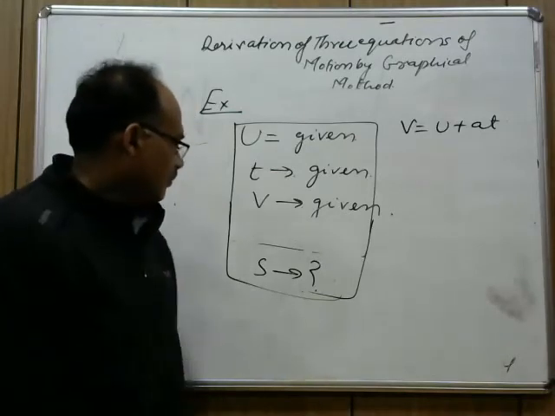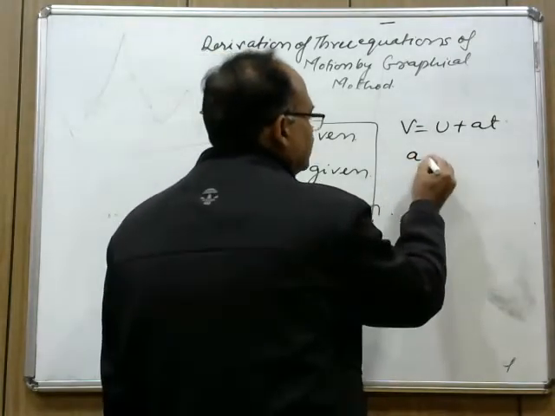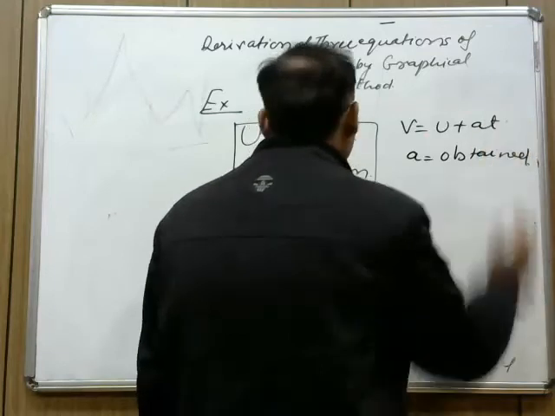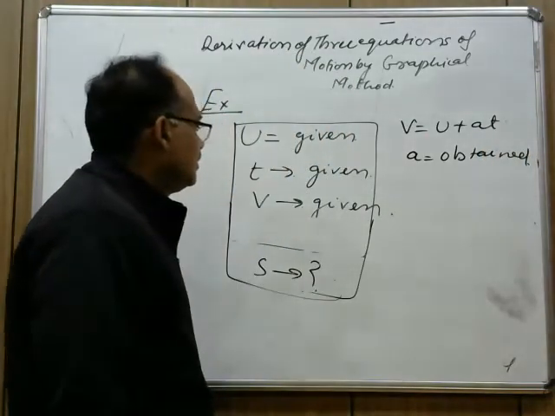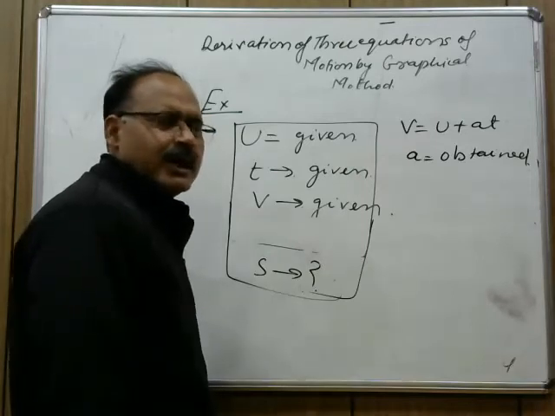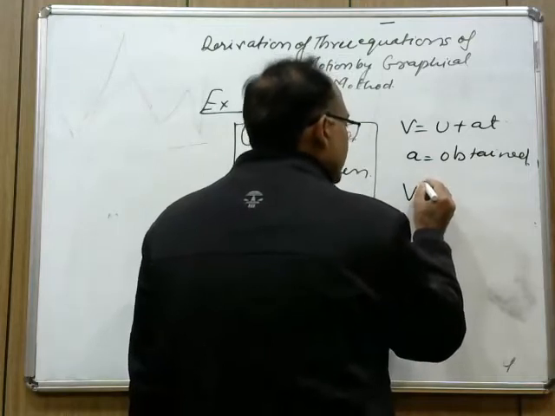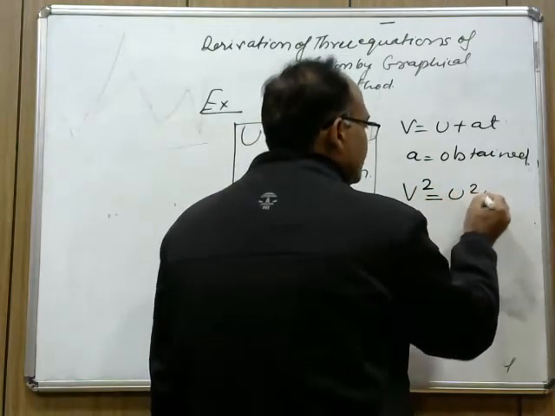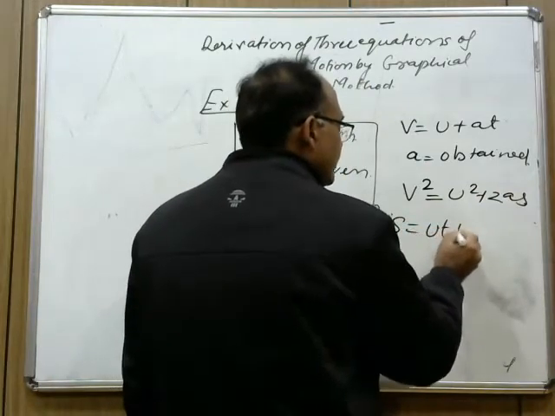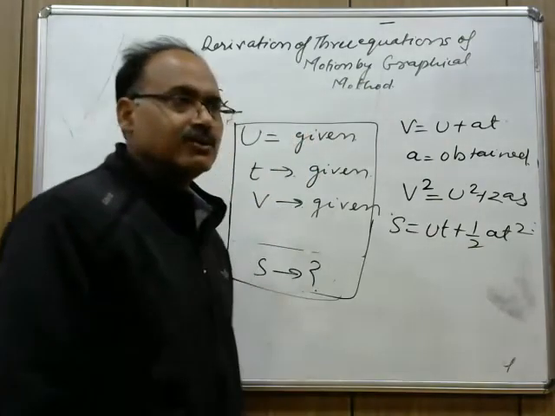So if you know acceleration, which you have obtained in the first part, then which equation connects initial velocity, final velocity, acceleration and displacement? It is basically v square is equal to u square plus 2as. Or you can also find it out by ut plus half at square, because you know all the values.